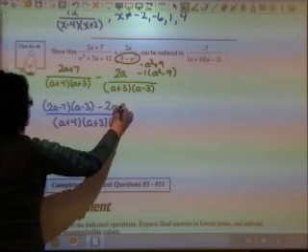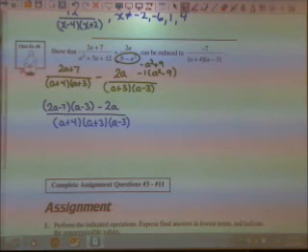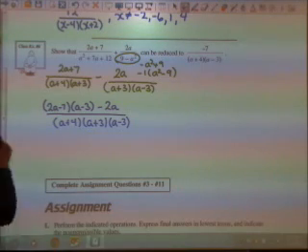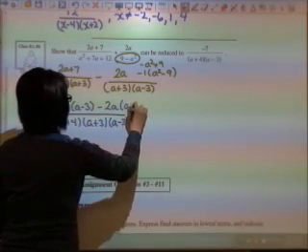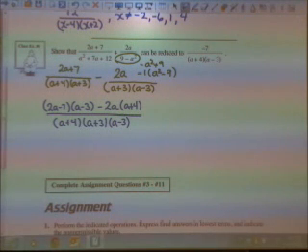And this I now think of as being a negative 2a because of that minus sign between them. And what would I multiply it by? A plus 4. Okay, so I want you guys to multiply this and then collect the like terms and tell me what you get.